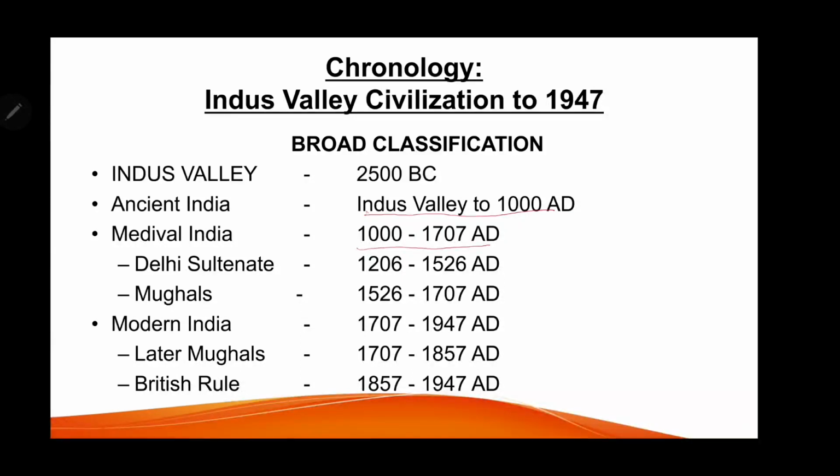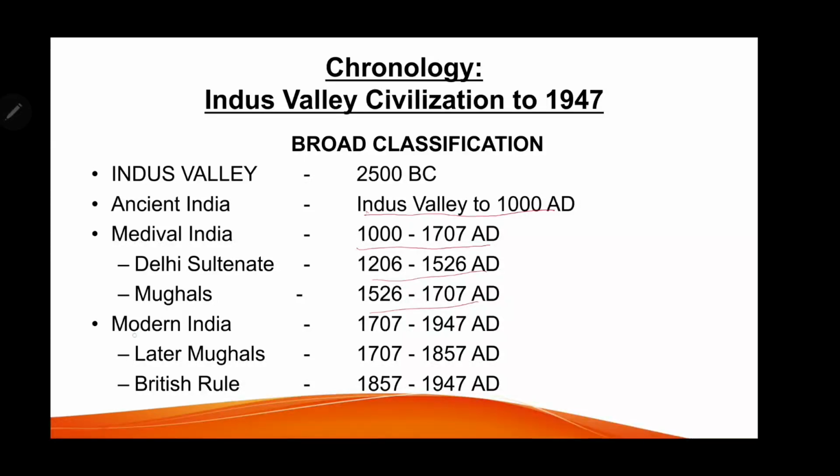Its period is from 1000 to 1700. It is further bifurcated into the two parts. One, the Delhi Sultanate, which is from 1206 to 1526 AD. Second is Mughals, 1526 to 1707 AD.